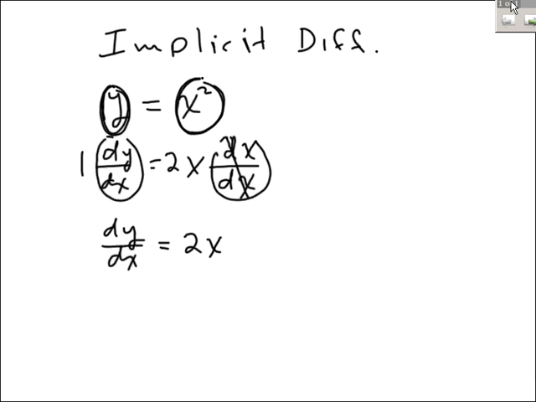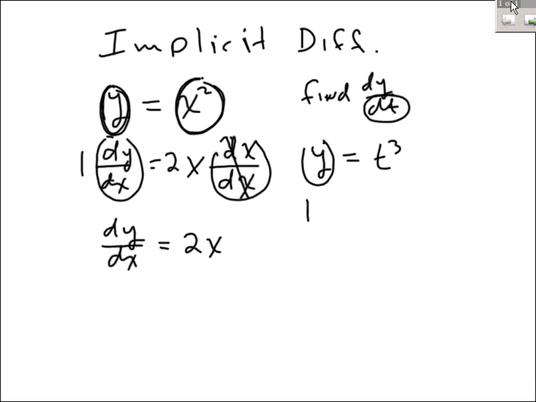For example, if you were asked to find dy dt, that means the derivative with respect to t. If we said that y was equal to t cubed, then the derivative of y is 1, just like the derivative of x is 1.